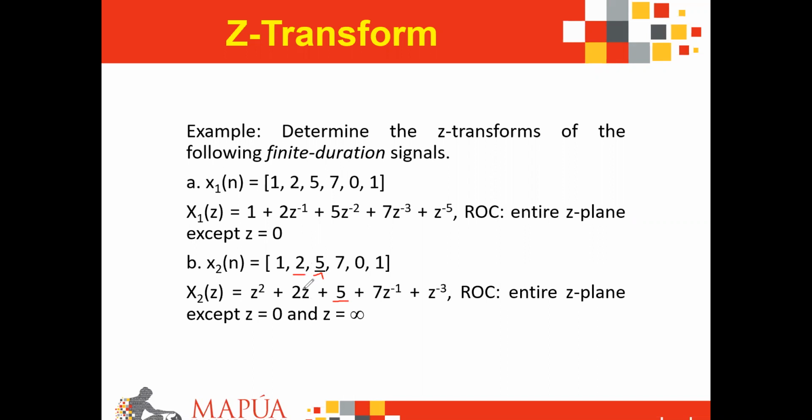So, z raised to 1 is simply z. So, 2z. Tapos dito, 1z squared. So, dito naman sa kabilang side, z raised to negative 1. Dito na ngayon, z raised to negative 3. Nakita ba? Direct transformation. But, notice that the placement where your 0 is affects your region of convergence. Okay? Naapektuhan yung region of convergence.